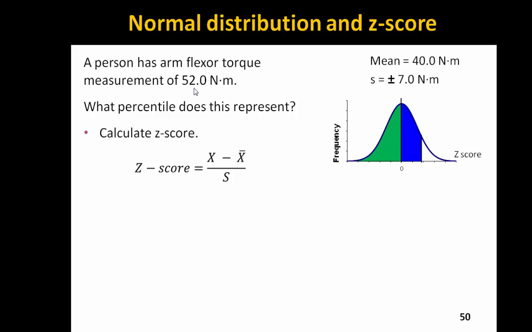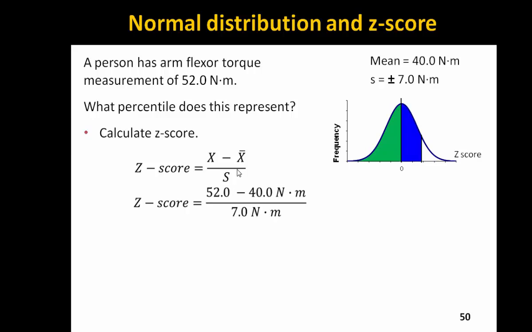So we have our z-score equation, and we just look for the numbers that fit the variables or symbols on the right-hand side. The x is a given here at 52 Newton meters, and that's the one person we're interested in. Our descriptive statistics were already generated as we calculated the average and the standard deviation.